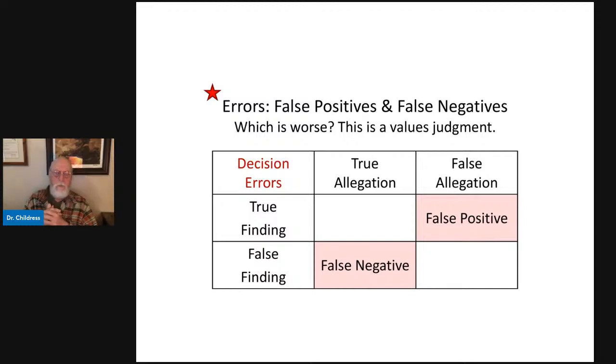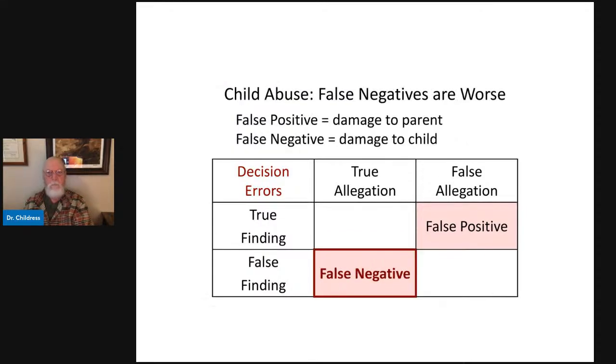So the question becomes, in setting our criteria for deciding yes, this occurred, preponderance of evidence or beyond reasonable doubt sort of things in clinical psychology, which decisional error is worse? What's the outcome? Which is the worst outcome? And this is a values judgment. There's no criteria for this. It's just deciding which of those false errors is more damaging.